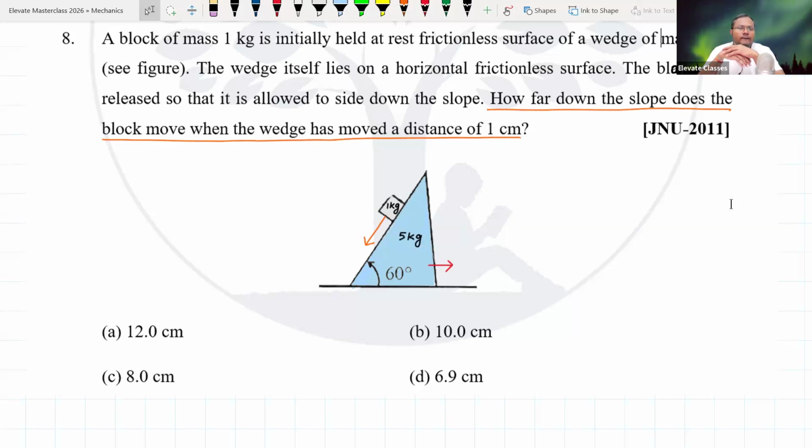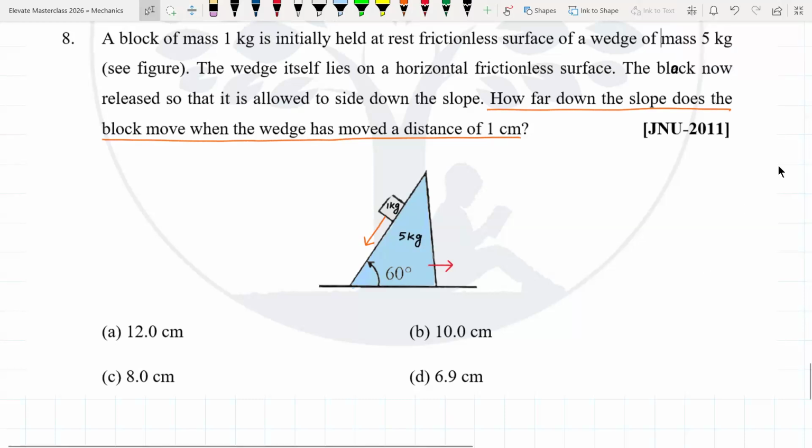Are you understanding? You need to have a fixed coordinate system. And with respect to that coordinate system, you calculate the positions of the wedge and the block. Are you following? Yes, sir.